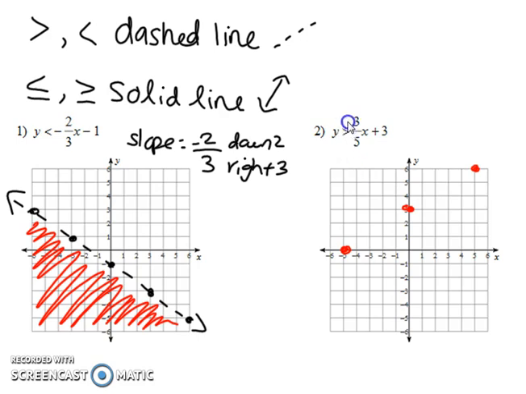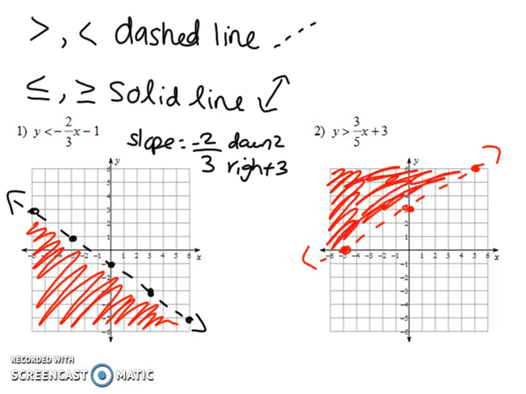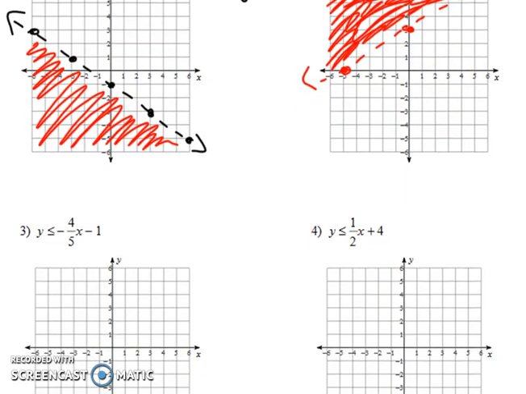So since there's no equal to, that's a dashed line. And now I just need to see if I need to shade above or below. So this is a greater than sign, so I need to shade everything above here. Okay? So everything up here is a solution to that equation. Let's turn it over, or go down, and look at these problems.